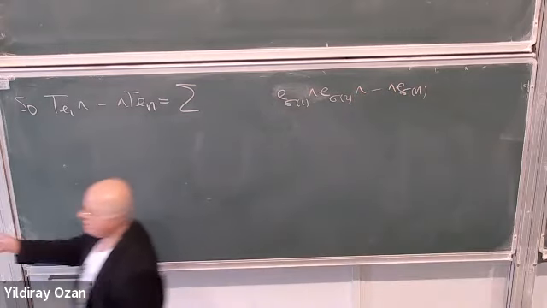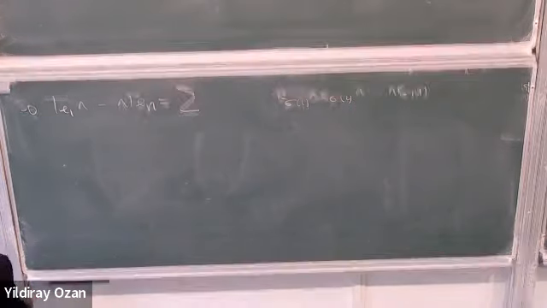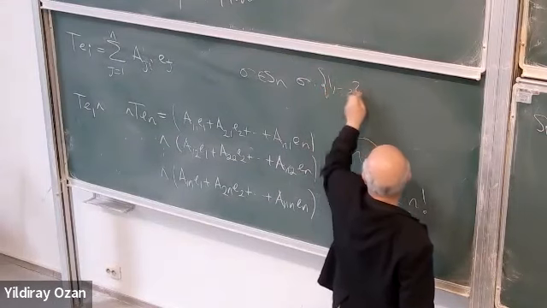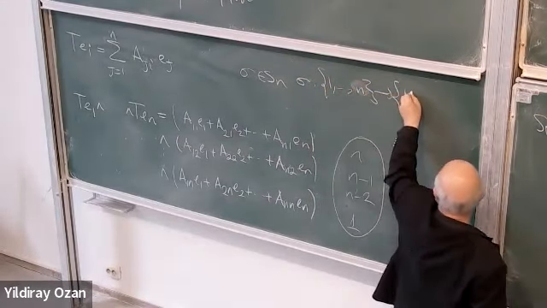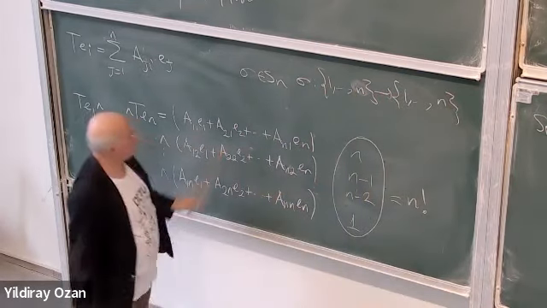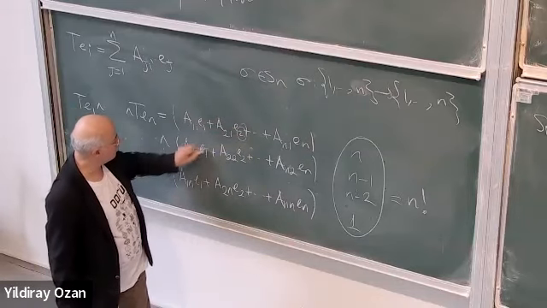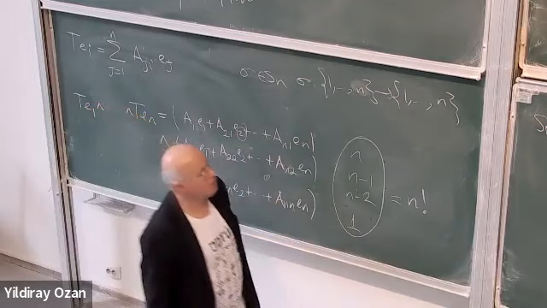Here, sigma is a permutation, so sigma is a one-to-one function from this set to itself. So let's say from this one I choose 2, from this one I choose 1, and then I choose 5, and so on. Right? A one-to-one function.